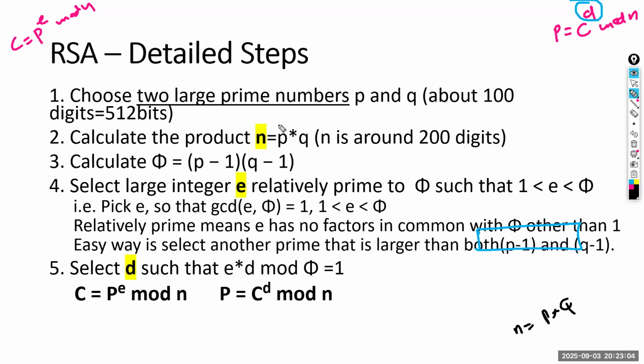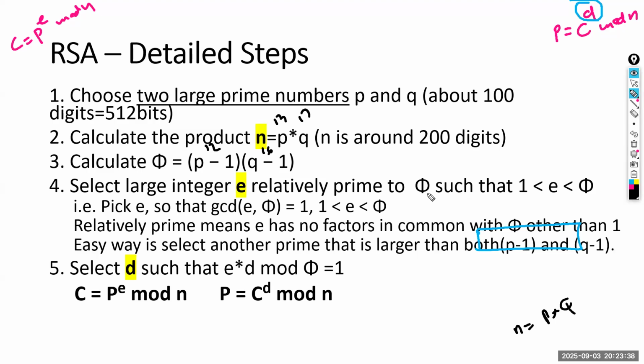That means if your prime numbers are 13 and 17, this is 13 minus 1, 12, into 17 minus 1, 16. Then you need to select an integer e, not a prime number, an integer e, which is relatively prime to your phi, that is 12 into 16. And e must be less than phi, something between 1 and phi.